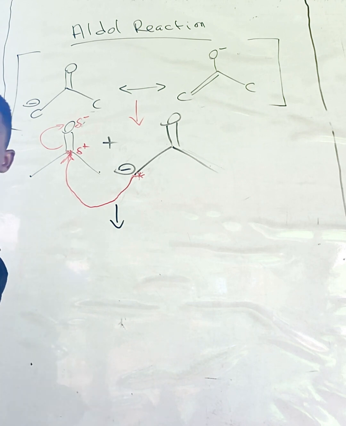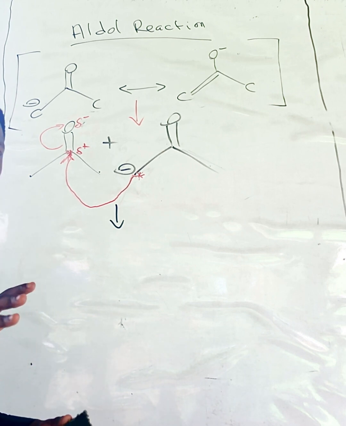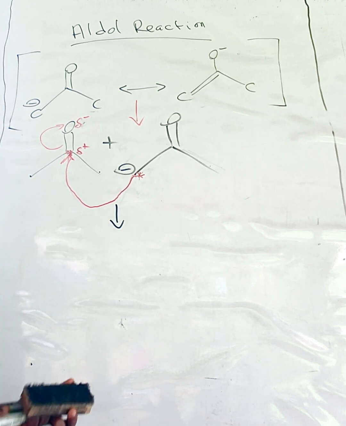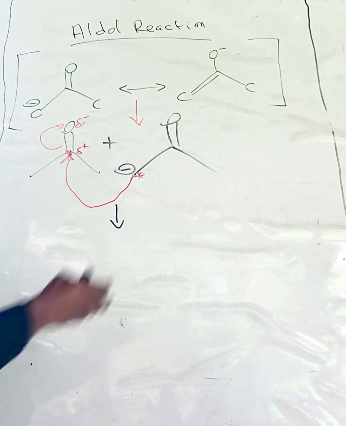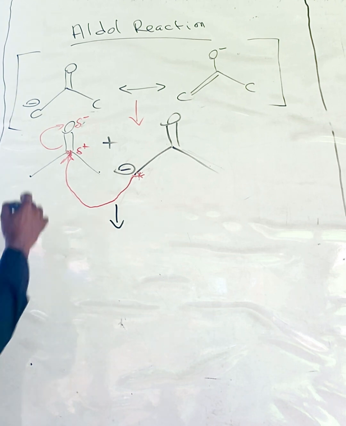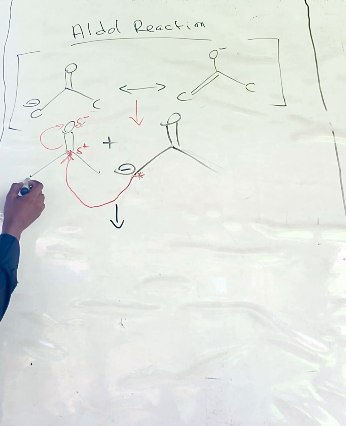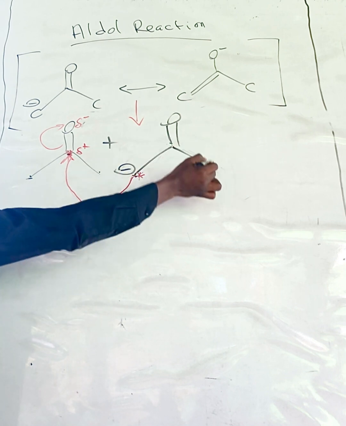What you have to do is count the total number of carbons within the connection, I mean, the two species combined together, the total number of carbons in them. So watch me count. You can start from any direction, but I would love to start from here. I'm going to count 1, 2, 3, 4, and 5.